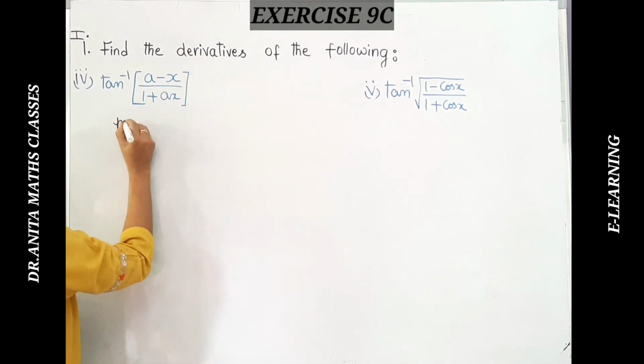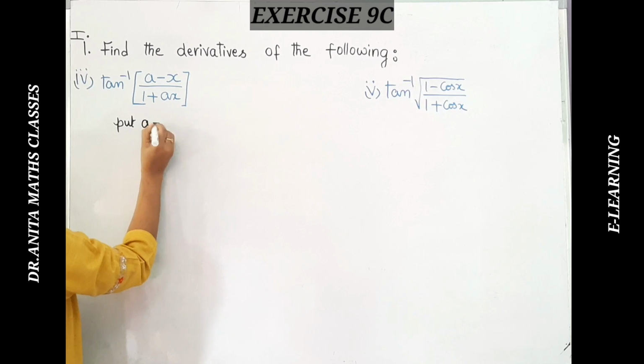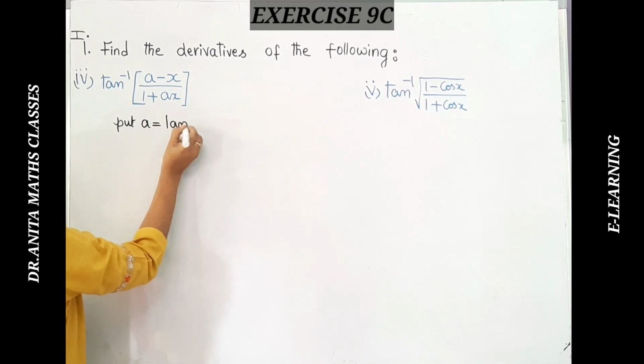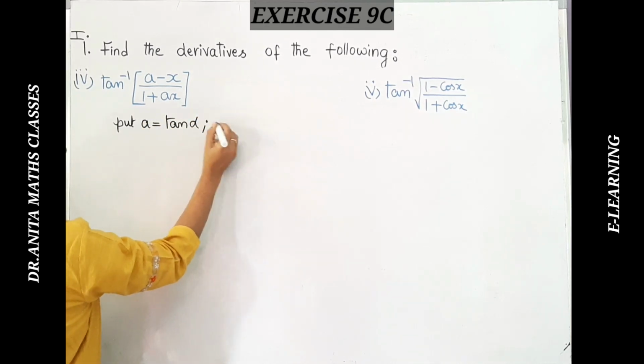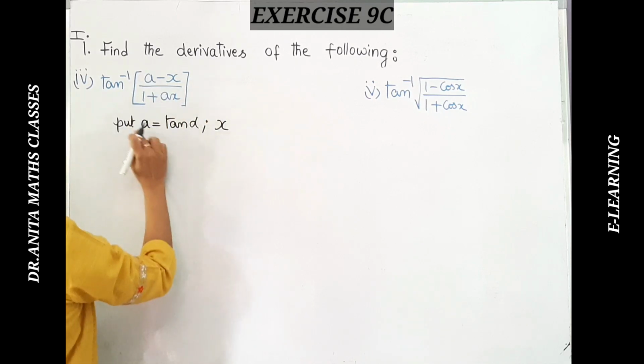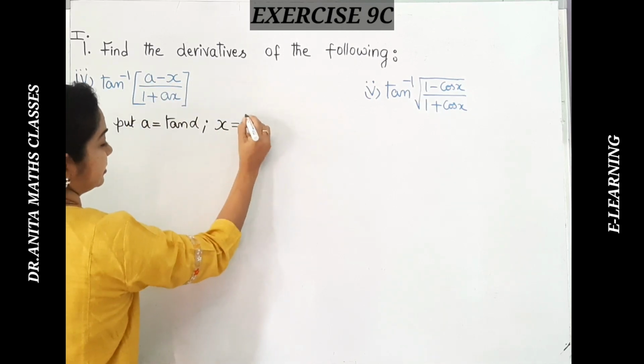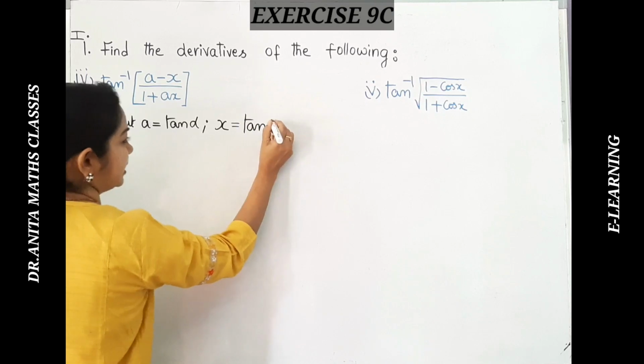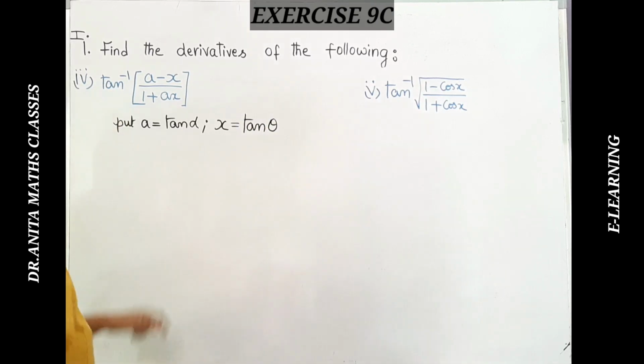So we will put a as tan alpha and x as tan theta, or beta, anything you can assume.